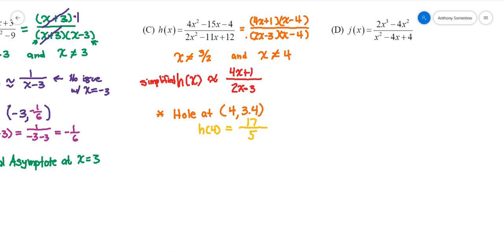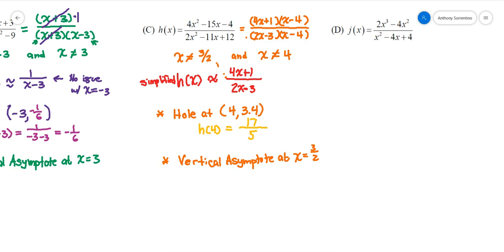And because the 3 halves stays, the 3 halves is still going to be an issue in this one down here, I could say that I have a vertical asymptote at x equals 3 halves. So we have these two. This one also had a hole and a vertical asymptote, and that's how we handled it.